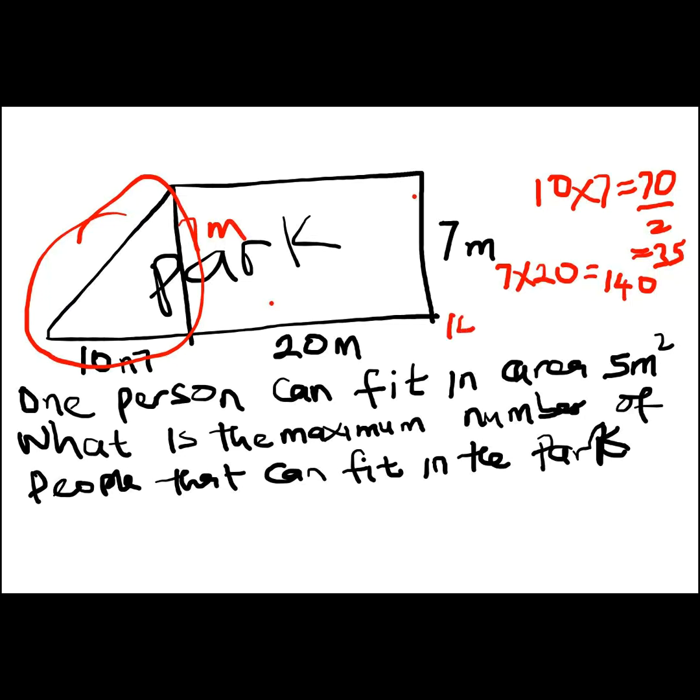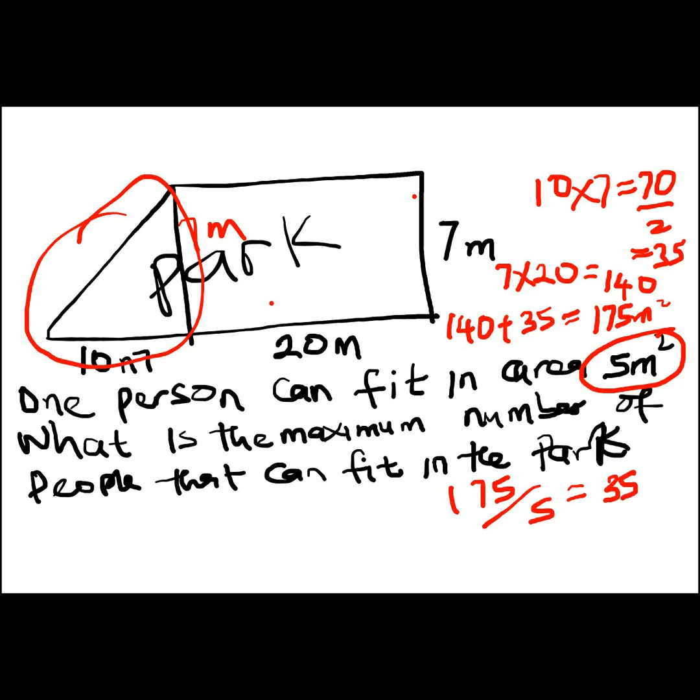You now add them together: 140 plus 35 equals 175 meters squared. Since one person fits into 5 meters square, just divide 175 by 5. That gives you 35. It's going to be 35 people.